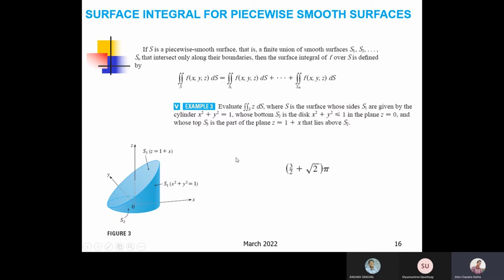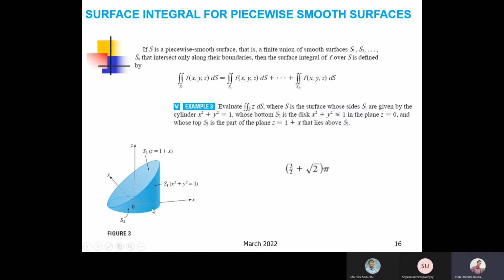This example is going to illustrate a lot of stuff. Some concepts, I think, will be clearer once you work it out. Now, see what it is. You have to evaluate the surface integral of z over the surface S, where S is a combination of three piecewise smooth surfaces.